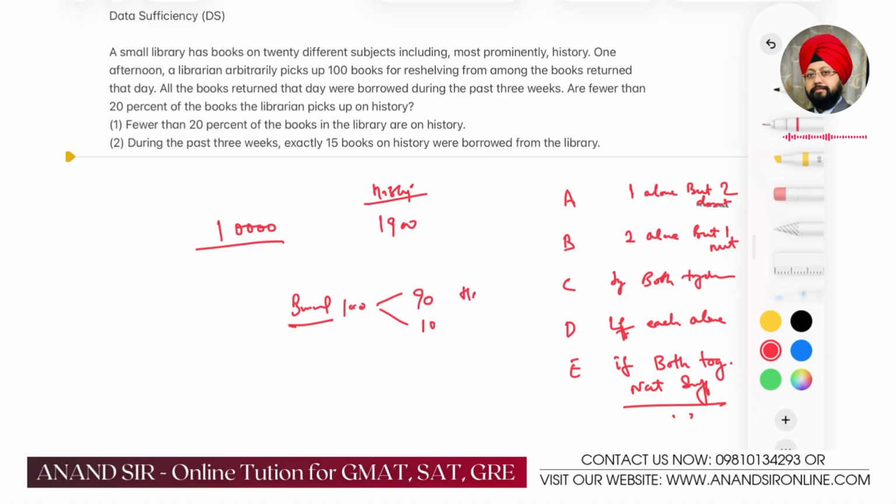Or we have another option, say history we have 15 or say 20 and other books say 85. So we can have multiple options.